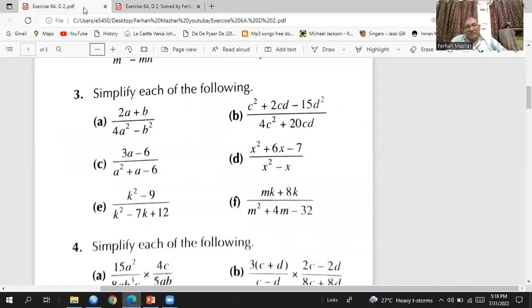Now we are on question number 3, and it's the F part. It's (mk + 8k) divided by (m² + 4m − 32). So we will factorize the numerator, and we will also factorize the denominator.